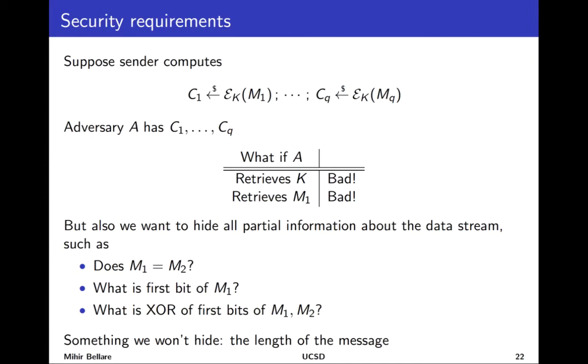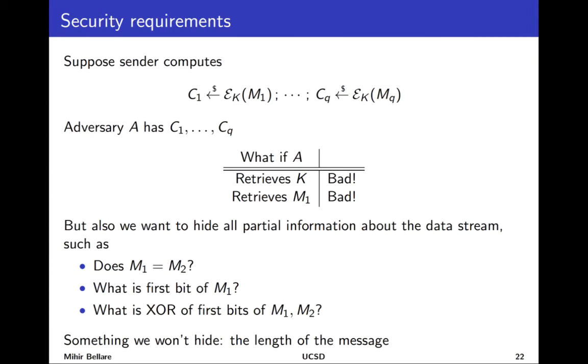It could be ECB or CBC or CTR, but it doesn't have to be. And encryptions are being performed under that encryption scheme, and the adversary is getting ciphertext back. In particular, the sender has a sequence of messages, not just one message. M1 through MQ and encrypted them one by one, possibly randomized due to the scheme being randomized, and the adversary got ciphertext.